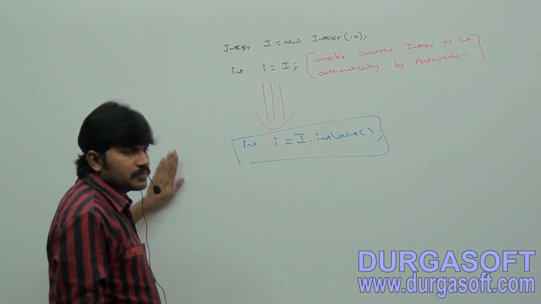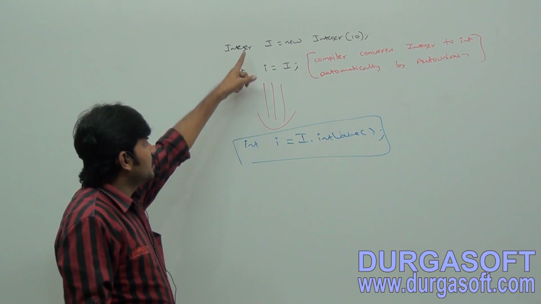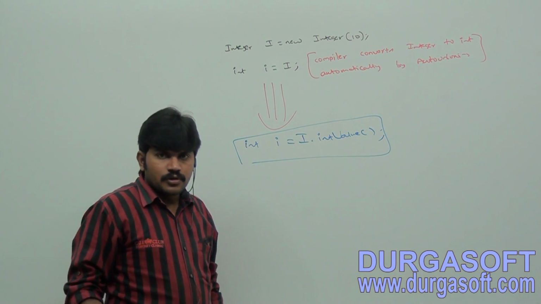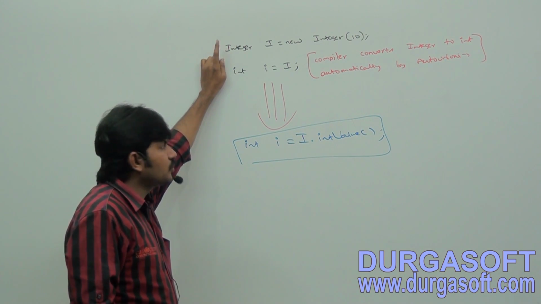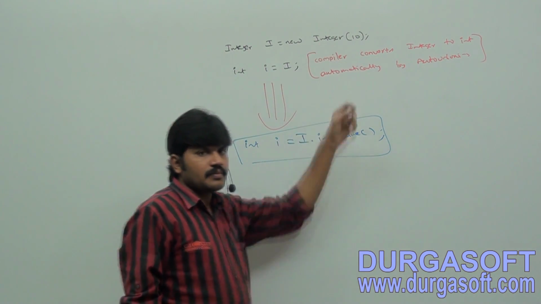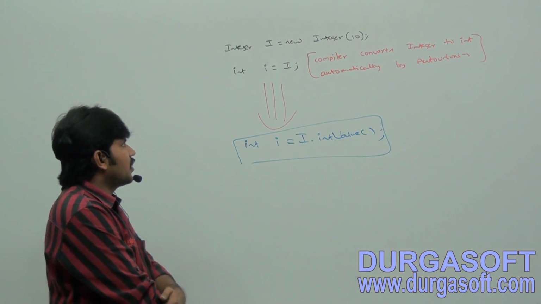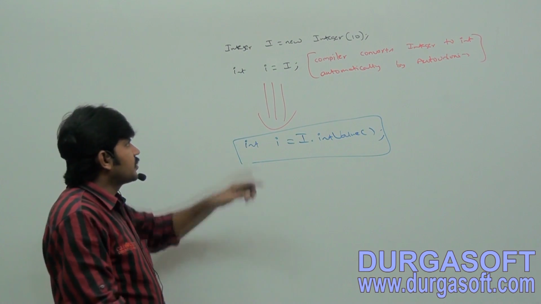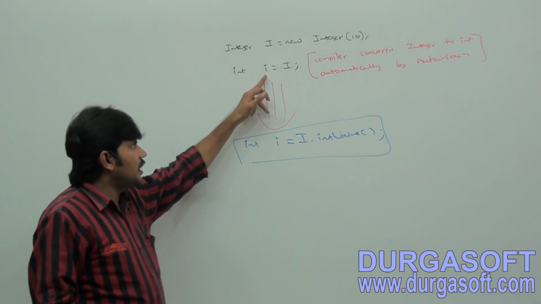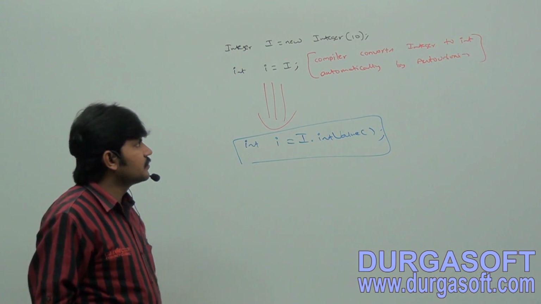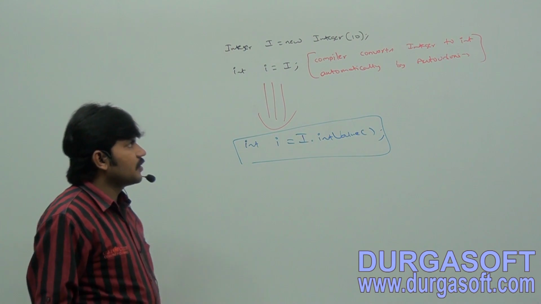Now take this example, only these two lines. Integer I is equal to new Integer of 10. Next, int i is equal to capital I. Get the point.